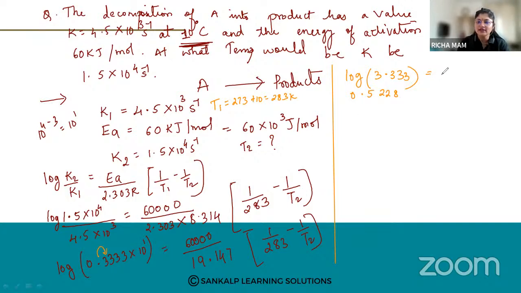I can write this step here. So log of 3.333 is equal to 60,000 divided by 19.147. How much are you getting? Yes, 3.31.